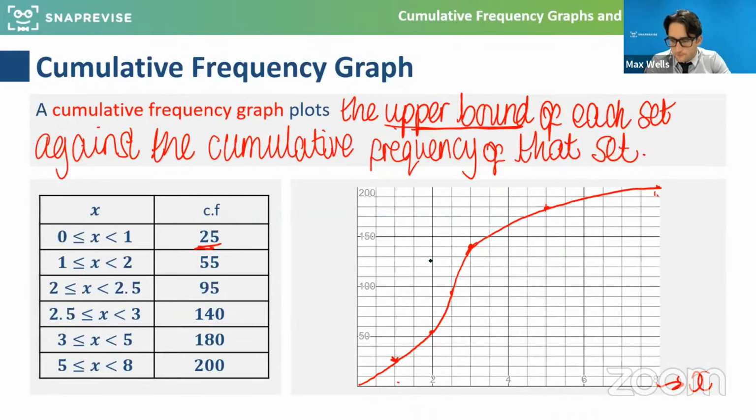So if I was to look at, for example, when x is 3.5, which is here, and I wanted to know roughly how many people or how many things are less than 3.5, what I can do is I can read that across, depending on how I've drawn the graph. Let's have a little look. Have I drawn that accurately? Yeah, so if I read that across, I'd say 150 people or less.